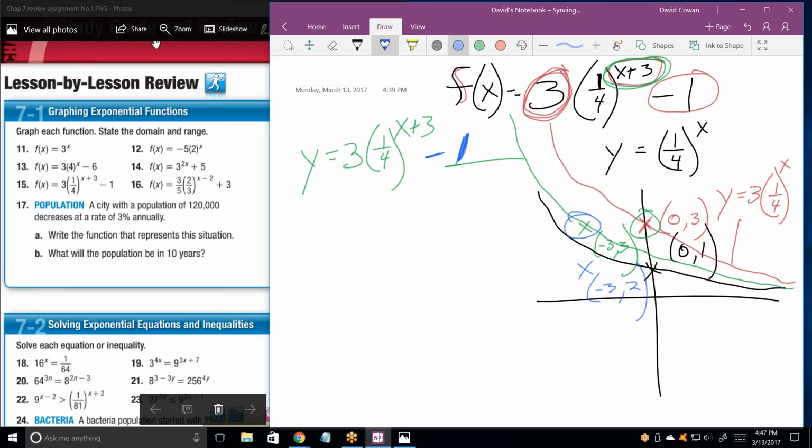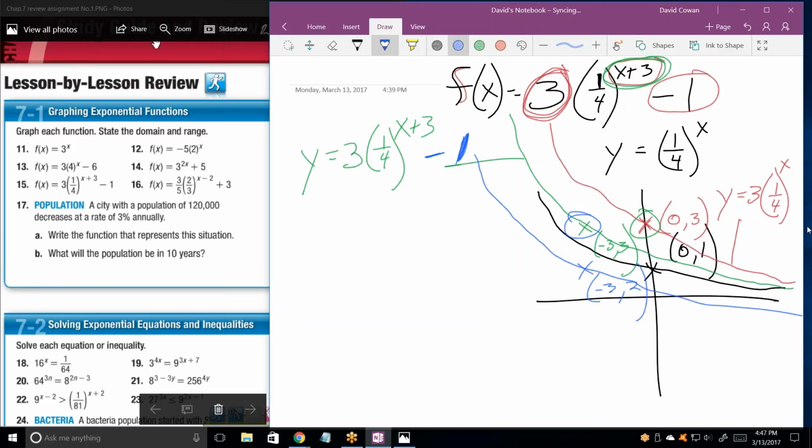And now I can just draw my exponential curve, and that actually does change the horizontal asymptote. In other words, for my red, my green, and my black functions, I had a horizontal asymptote at y equals 0. Okay? Make sure you understand that the x-axis is defined by y equals 0.